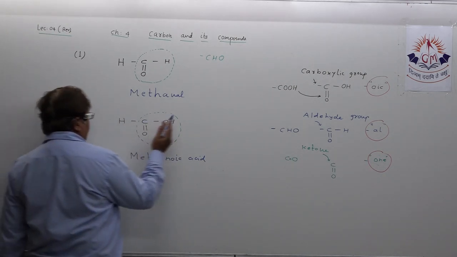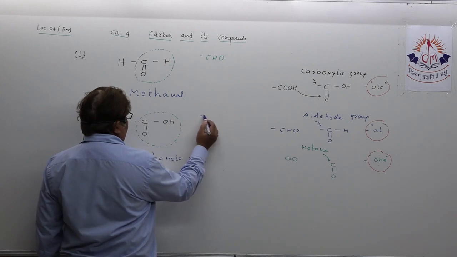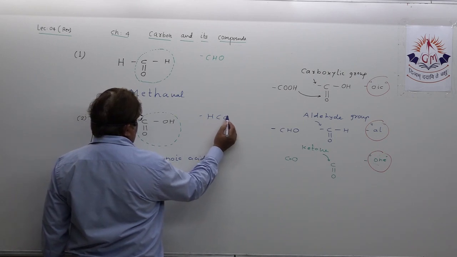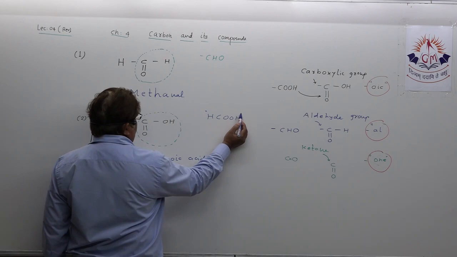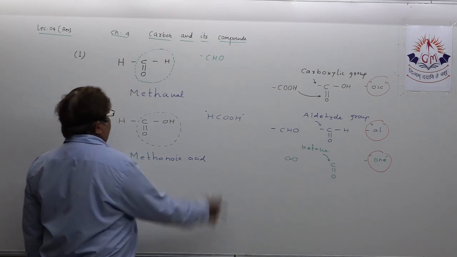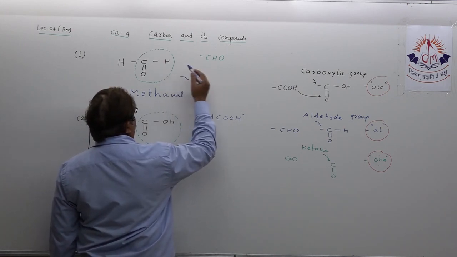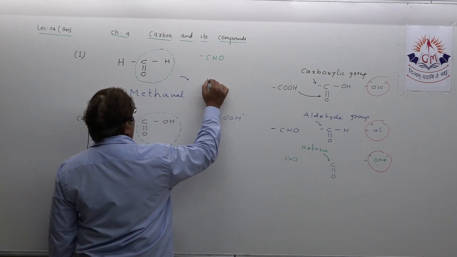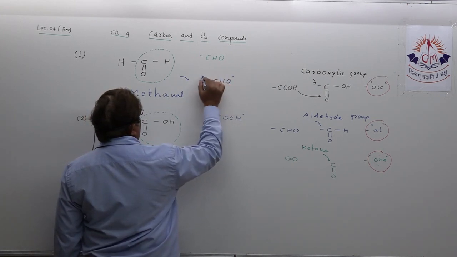Actually, sometimes if you are writing the formula, you will write it this way: H C double O H. That is actually the formula of methanoic acid. And when you are writing the molecular formula of methanal, you will write it this way: HCHO.